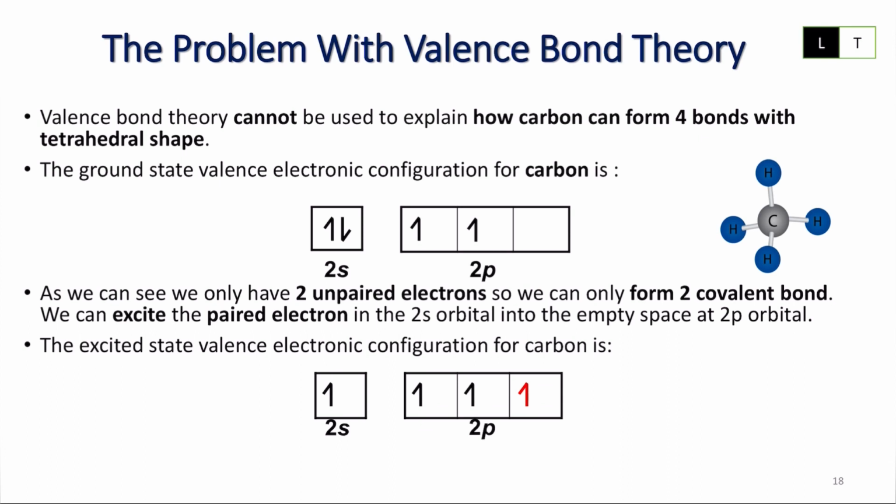So kalau lihat dekat sini, 2s is much more lower in energy compared to 2p orbital. So that's why we will excite from here into here. Then barulah awak dapat 4 unpaired electrons for carbon at the ground state to form 4 covalent bonds, just like CH4 molecule.